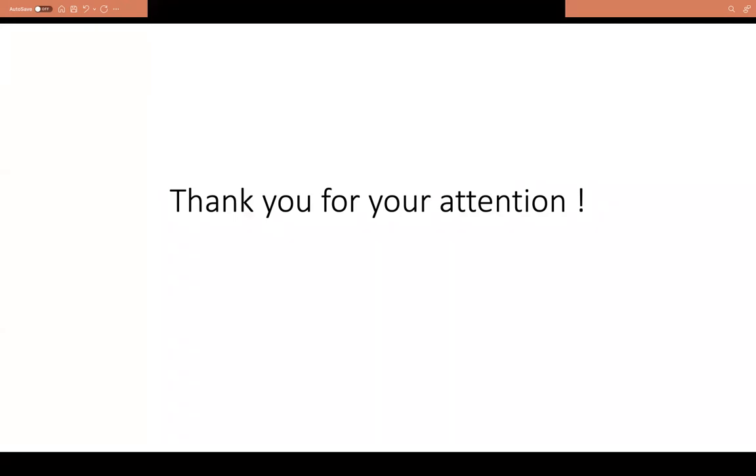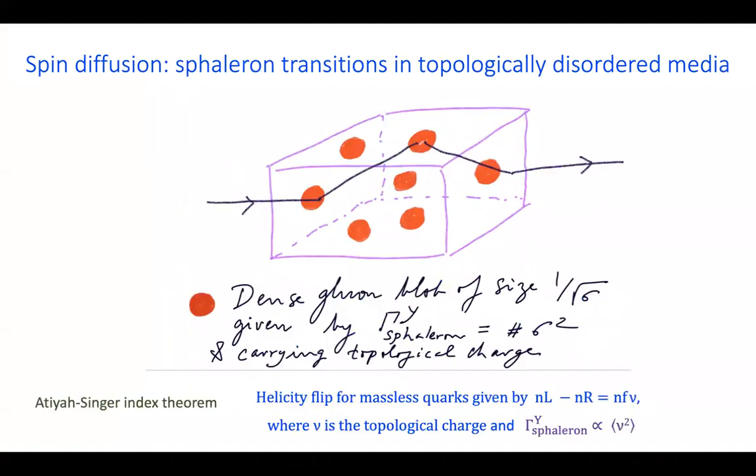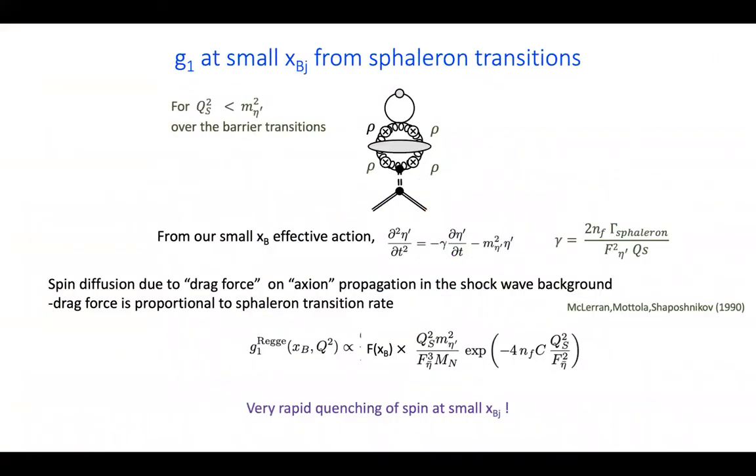Another way of thinking about it is that if I go back here, I essentially have a topological susceptibility, right? But then I'm measuring this in medium, so to speak. So the topological susceptibility is modified by the insertion of additional sources.